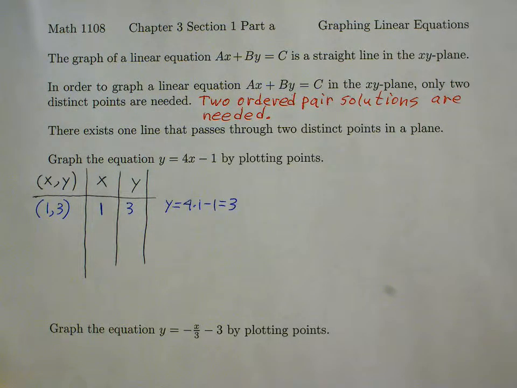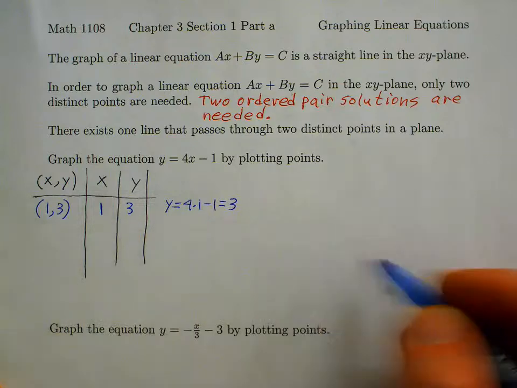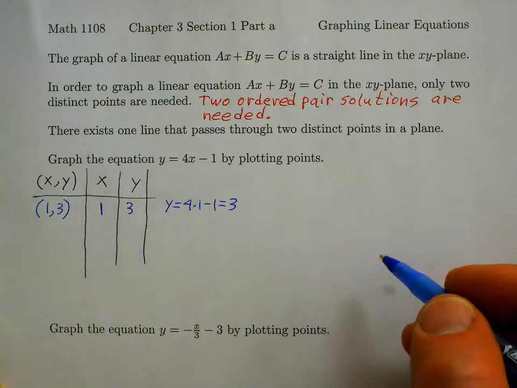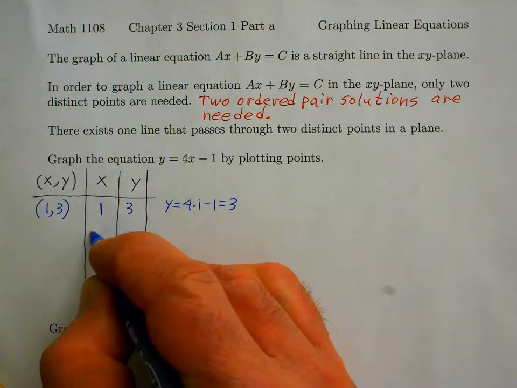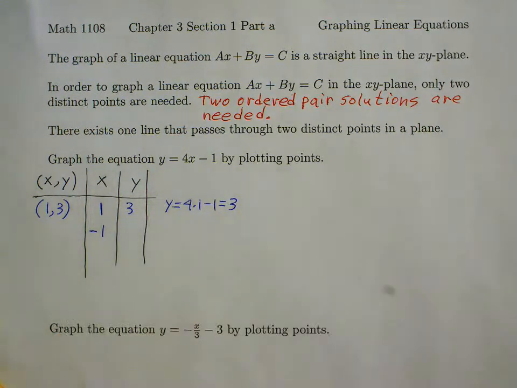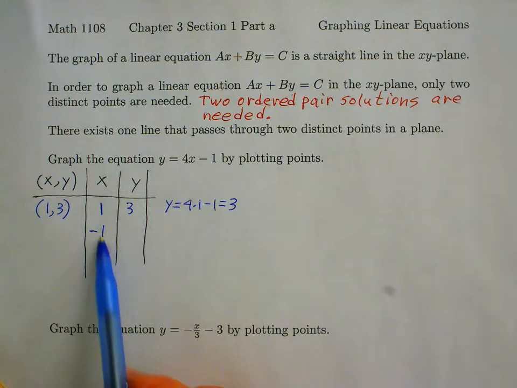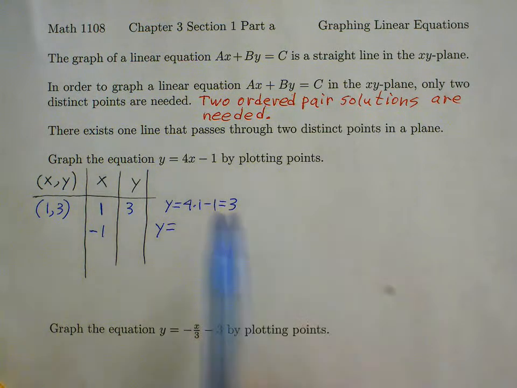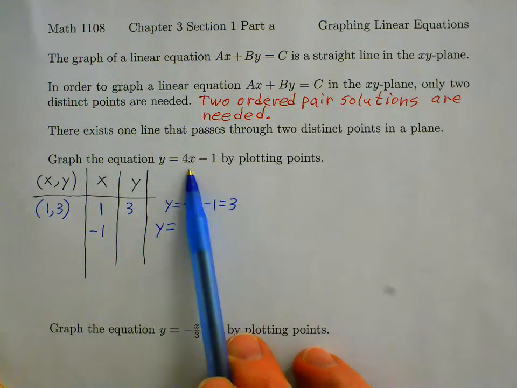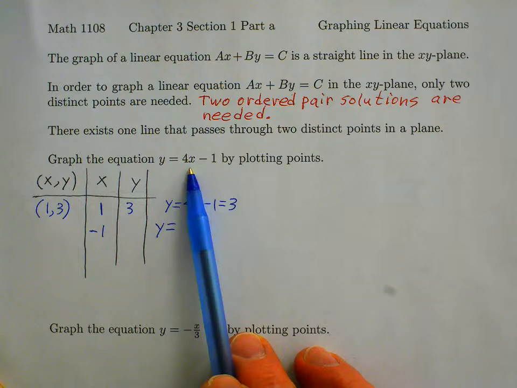Okay, how about if I pick x to be -1? That's not the most convenient choice, but it'll give us a little opportunity to practice with negative numbers. So if x is -1, to find the y coordinate that goes with -1, in the equation, we just replace x with -1.